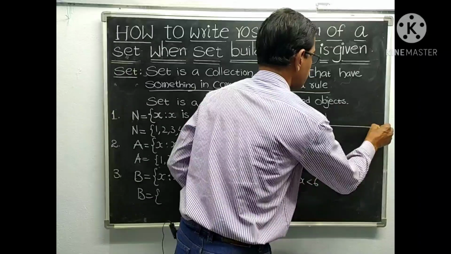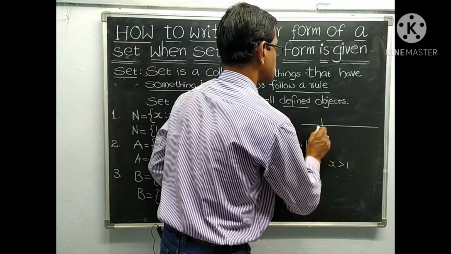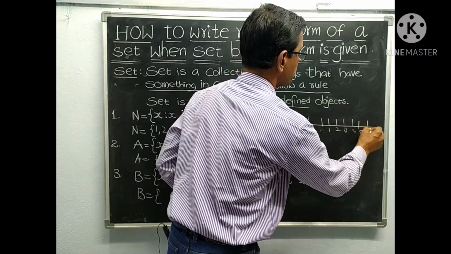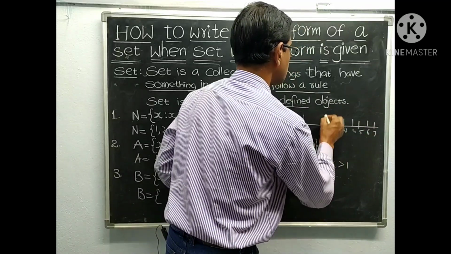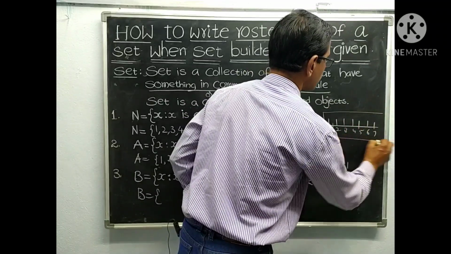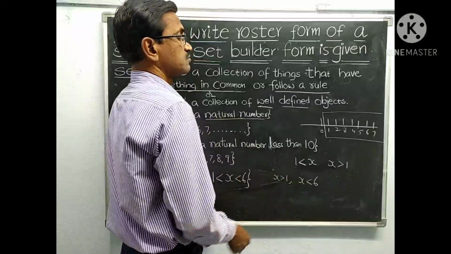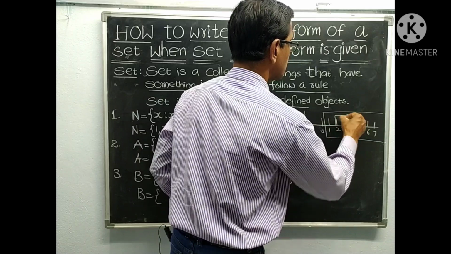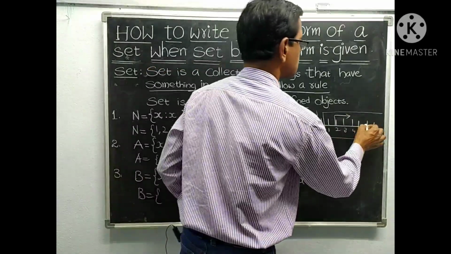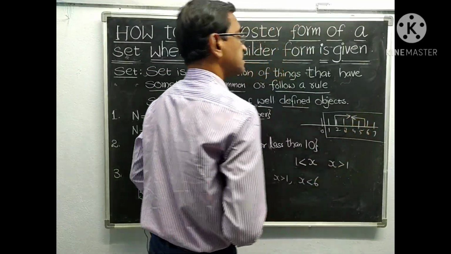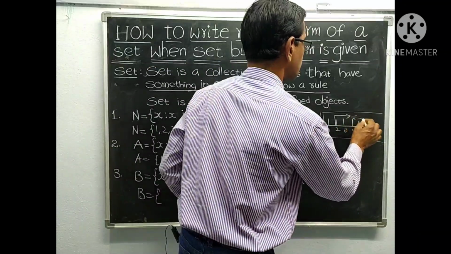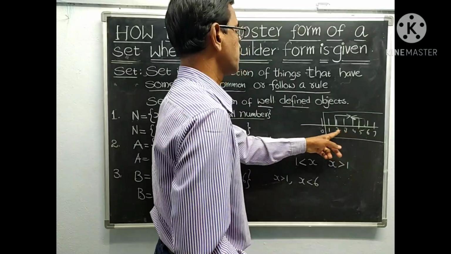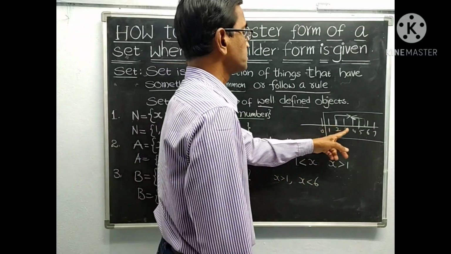We know the number line, you know the natural numbers: 1, 2, 3, 4, 5, 6, 7. More than 1 means starting from here, and less than 6 means 5, 4, 3, 2. More than 1 means 2, 3, 4, 5.